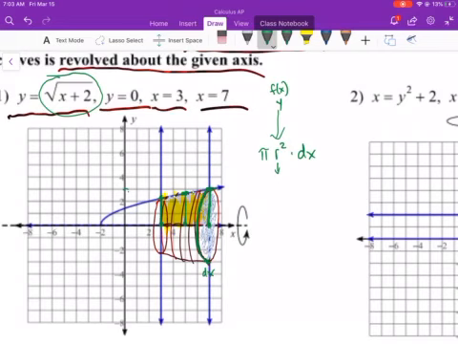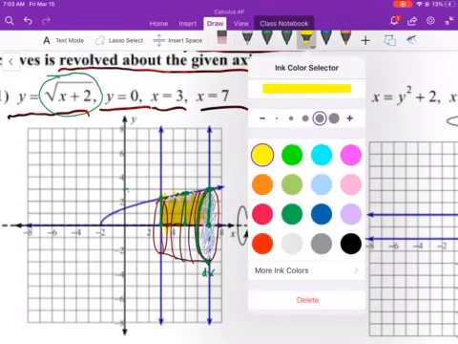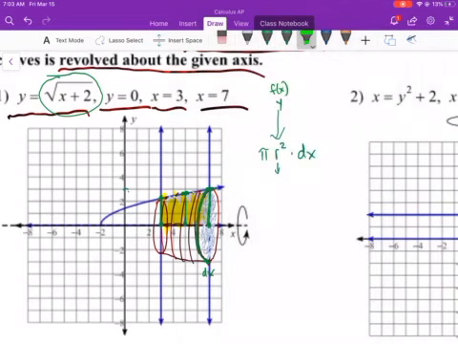And of course, we're going to square it. Green for St. Patrick's Day. There we go. We're going to take it and square it. So let's write what that looks like. The pi is still there. The radius is the function. Take it, square root of x plus 2. And we know area of a circle is pi r squared. So I need to take the radius and square it.